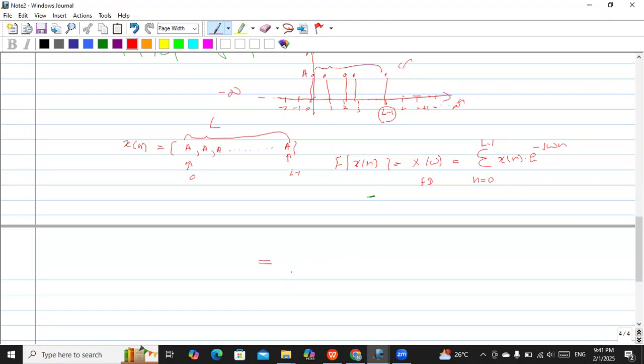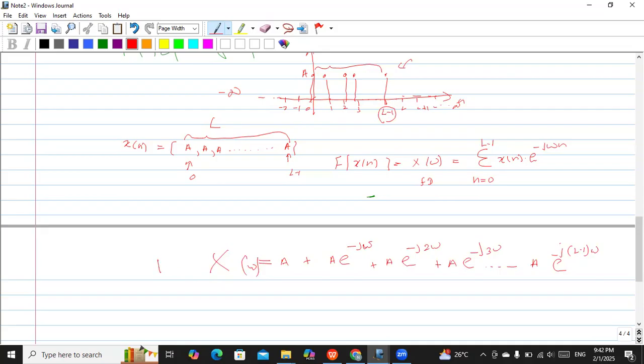Once you expand this, when n is 0, x0, that is a, e to the power 0, so that will be 1, plus x1, that is also a, e to the power minus j omega, plus a e to the power minus j 2 omega, plus a e to the power minus j 3 omega. So on, you will have a e to the power minus j (L minus 1) omega, no? Okay, so these are the terms. Actually, this is X of omega.